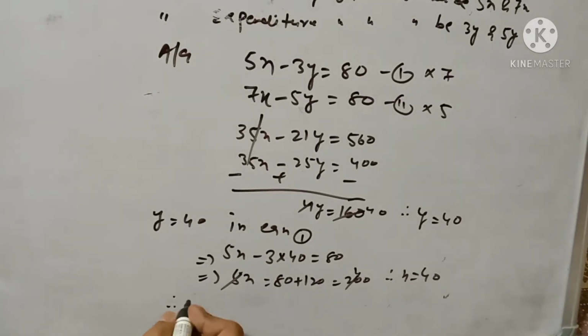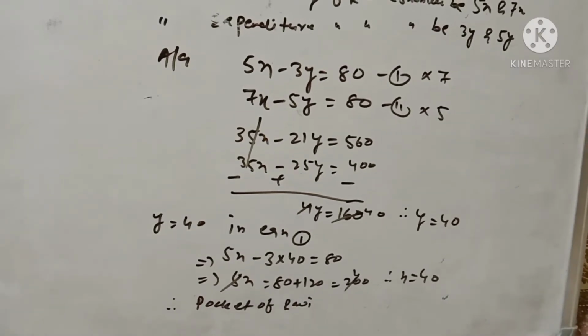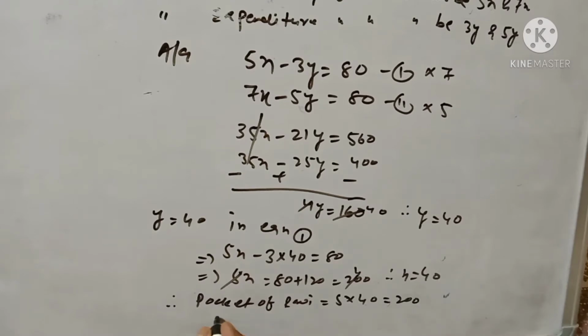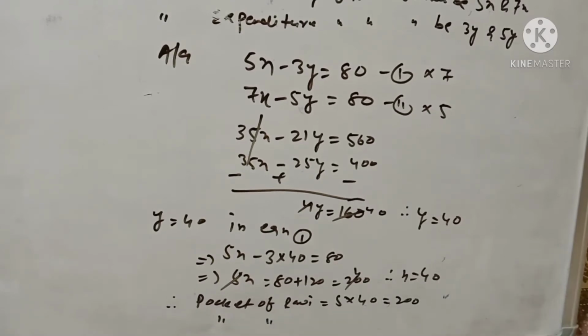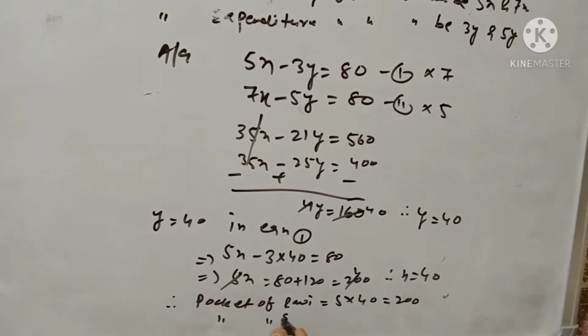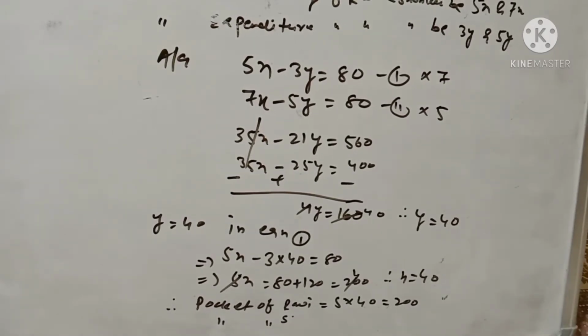Pocket money of Ravi is equal to 5 into 40, that is rupees 200. Pocket money of Sanjeev, what do you have to find? Find the pocket money. Sanjeev or Shankar?